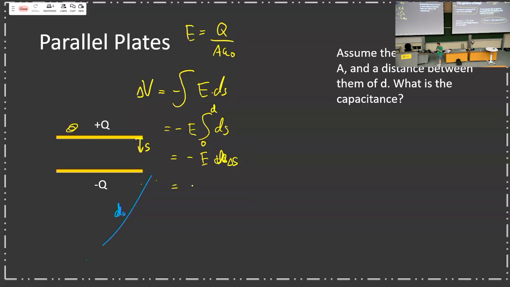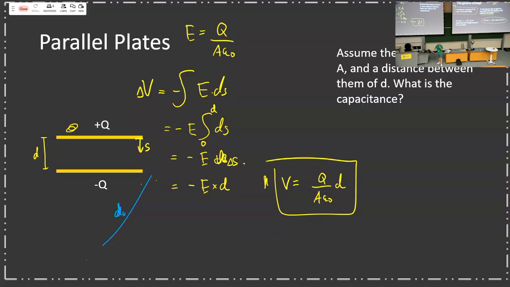And then that would give us negative E times D, the distance. Remember, we said these parallel plates have a distance of D. So the voltage between the 2 parallel plates is equal to E times D, or Q over A epsilon naught times D. That's step 3.